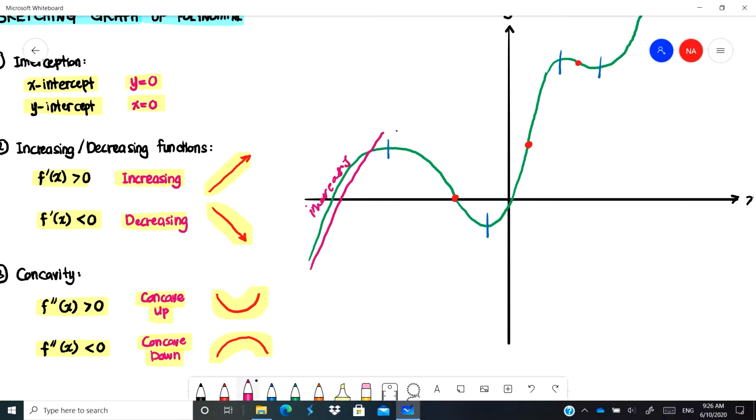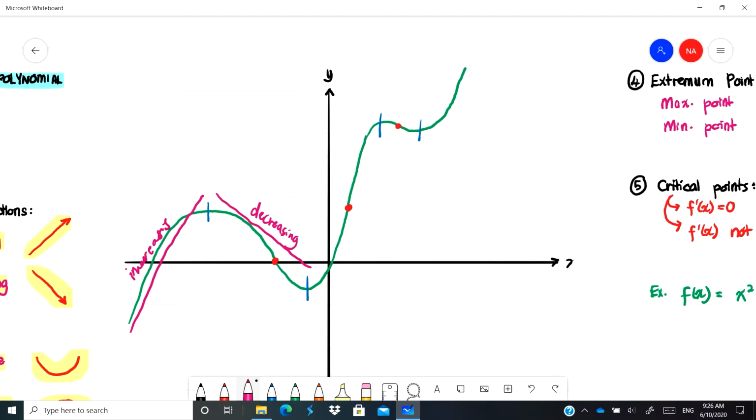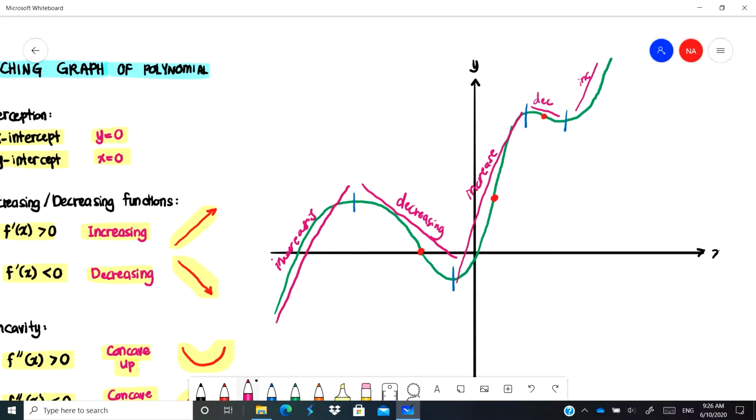Then from this blue interval to this, it is decreasing. Then from this to this, it is going to increase again, then decreasing there, and then increasing again. That's the meaning of increasing and decreasing functions.